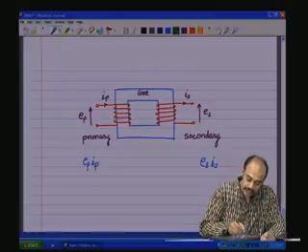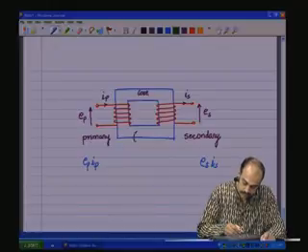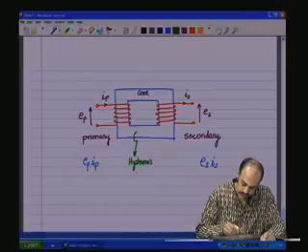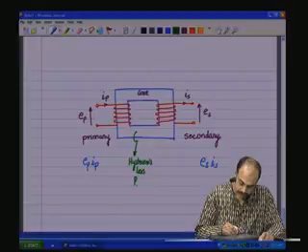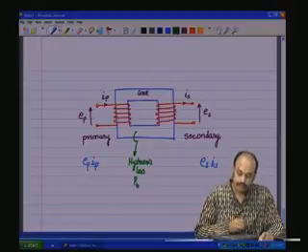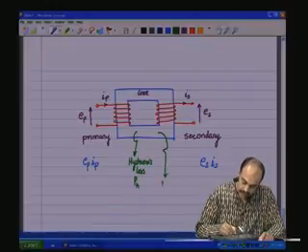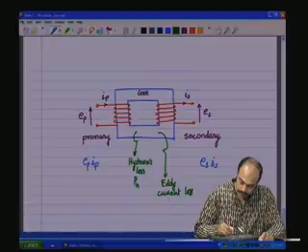But in between, inside the core, there is one, the hysteresis loss, PH, and the eddy current loss, PE.